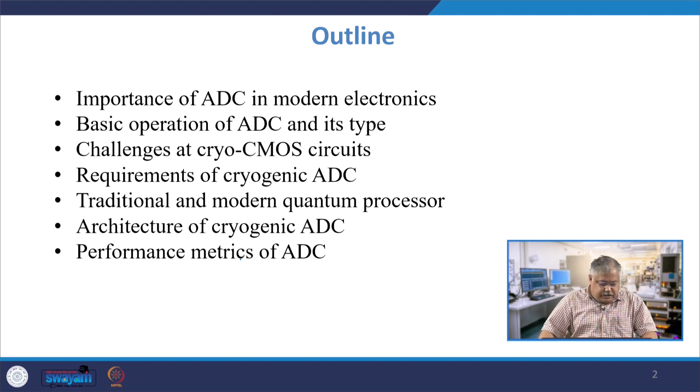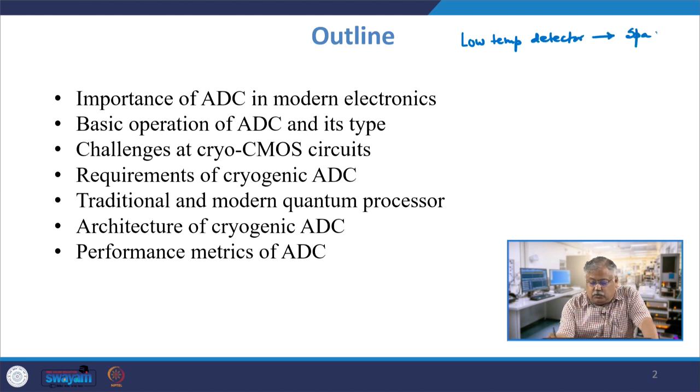Now, low temperature, so where will you use it? One is in the computation process, quantum computing, but you can also use in many of the space applications where you require low temperature detectors, and especially for space applications, right, where you require to take a photograph or maybe infrared image of a very far off planet or a very far off body, and the signal is so low that you will require the detector, the optical detector or IR detector should be at extremely low temperature in order to detect it noise free.